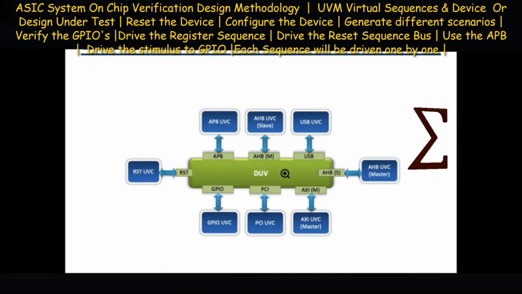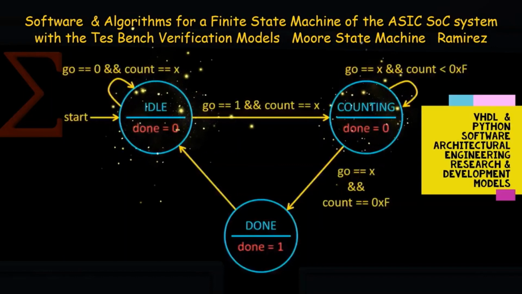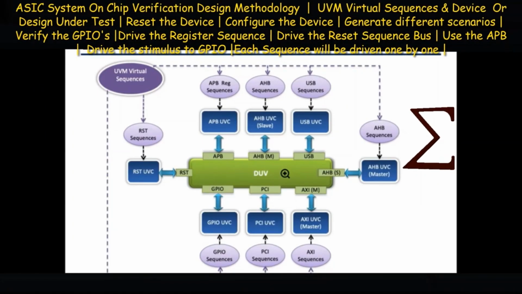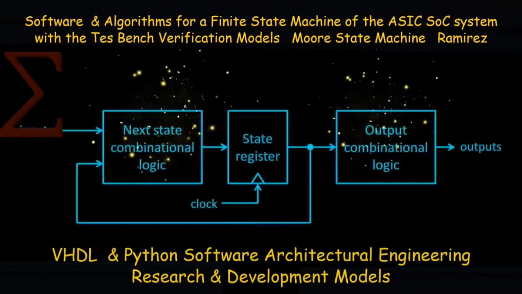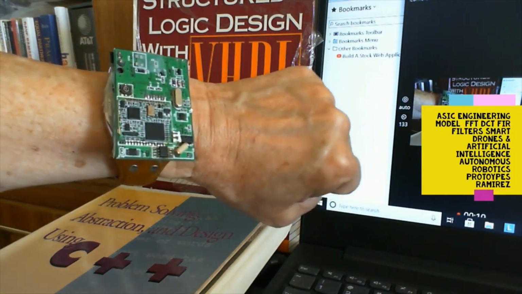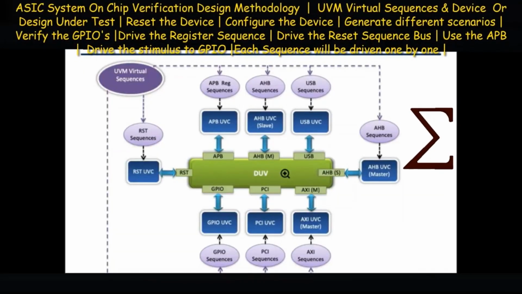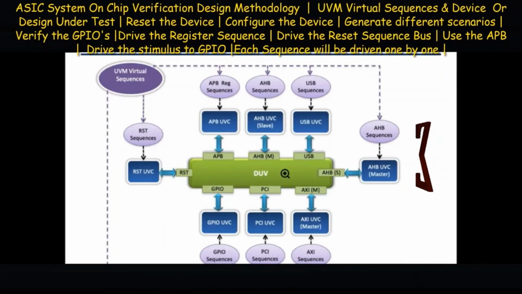The system on chip illustrated in this framework consists in the implementation of 8 different IP units. The SoC consists of the APB and AHB slave, the USB, the GPIO, and the PCI and AXI, AHB, and the reset.